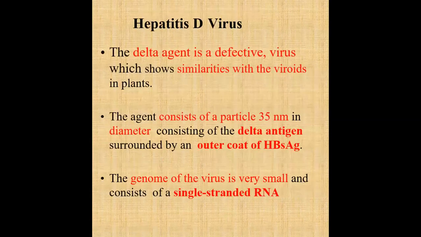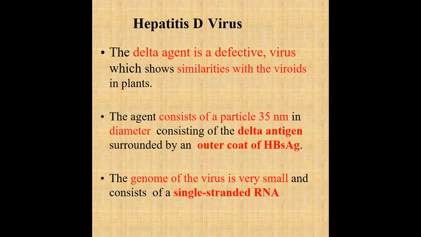The hepatitis D virus, or we can say Delta virus, is an agent, a defective virus which shows some similarity with the viroids in plants. The agent consists of a particle about 35 nanometers in diameter.